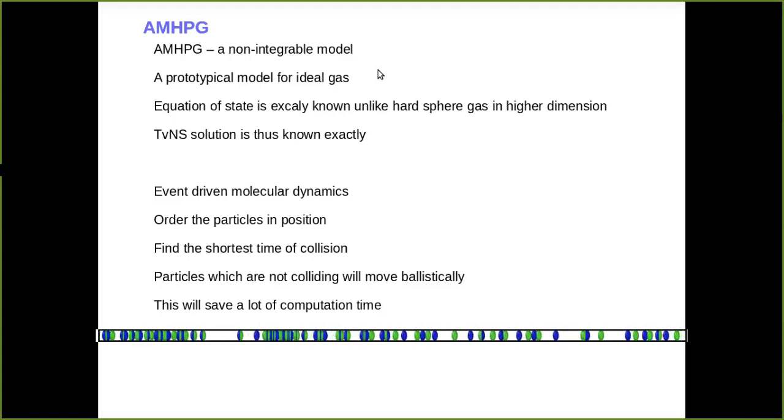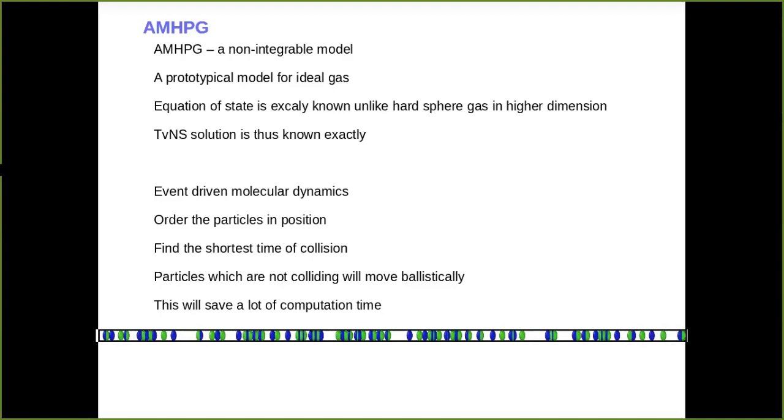The equation of state is exactly known, unlike the hard sphere gas in higher dimension I discussed in earlier works, where they used a virial approximated equation of state. Here we know the equation of state exactly. So from that equation of state, using the Euler equations, one can obtain the TVNS solution exactly for this particular model.